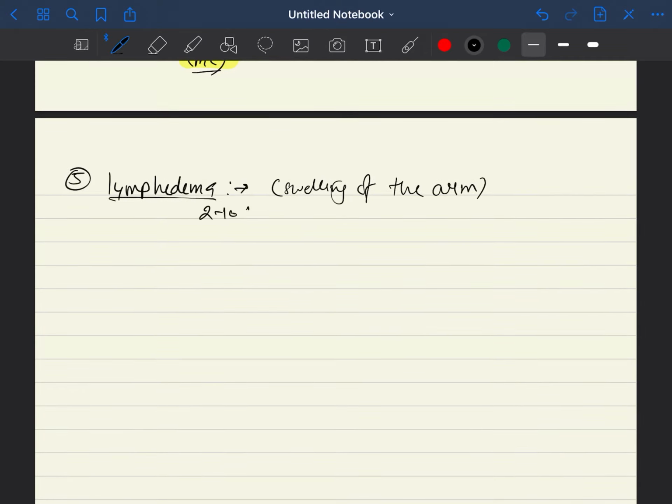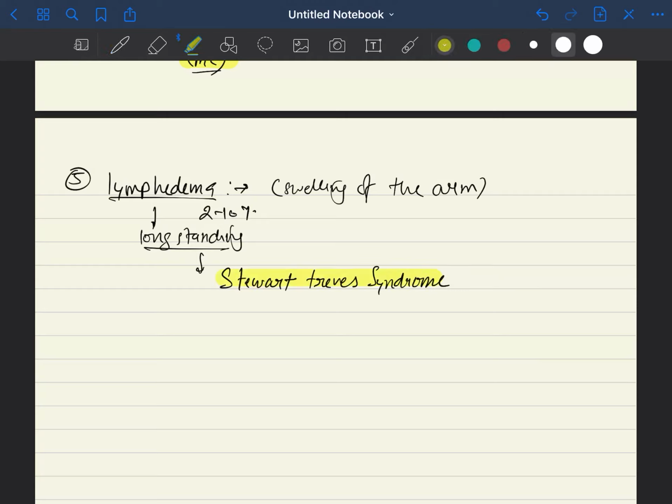There is 2 to 10% risk, all right, and if it's long standing lymphedema, then it's called Stewart-Treves syndrome, right?